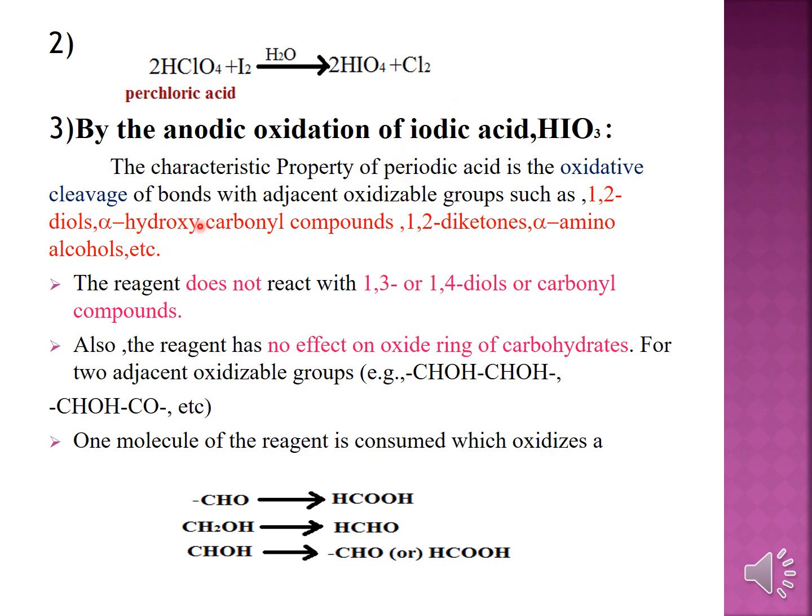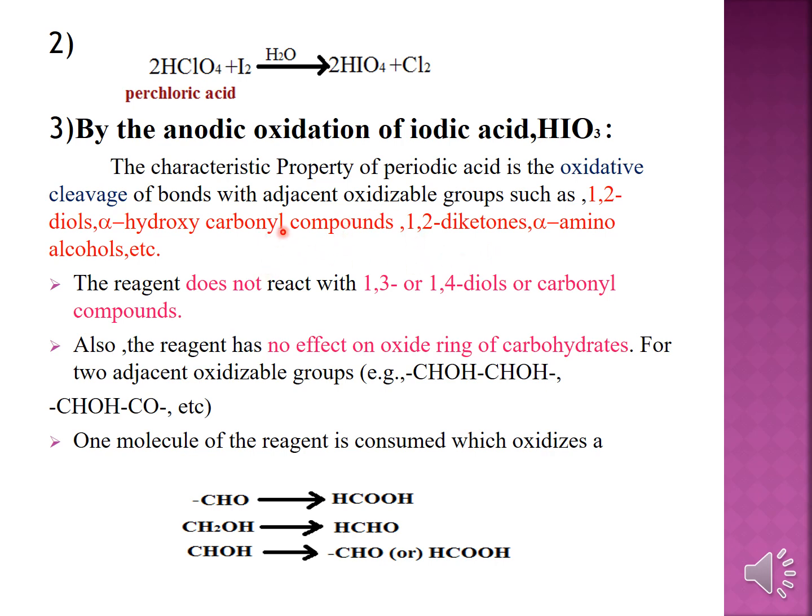It has some characteristic properties, namely the oxidative cleavage of bonds, which I will show you in the upcoming slides. First, let me explain generally. Oxidizable groups such as 1,2-diols, alpha hydroxycarbonyl compounds, 1,2-diketones, alpha amino alcohols, and amino acids get oxidized.